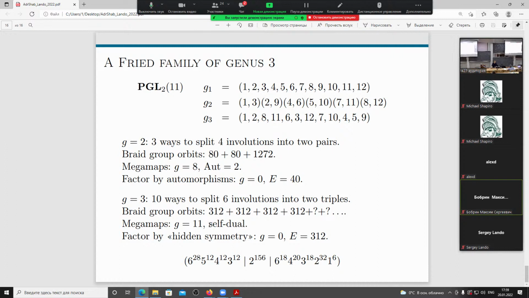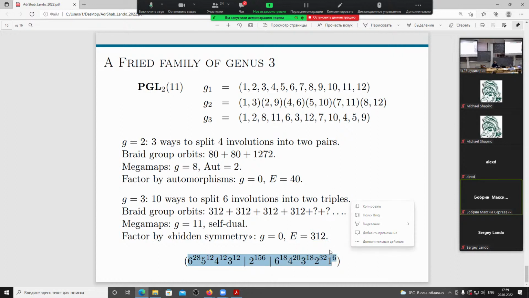As I already said, self-duality is a hidden symmetry, and allows us to reduce the genus by factoring. So finally we come to a genus 0 graph, a design of genus 0 with 312 edges. And here is the passport of it.